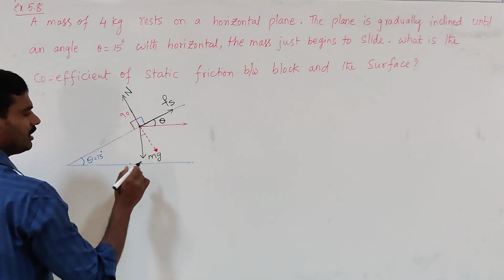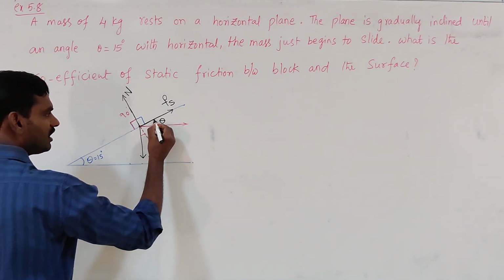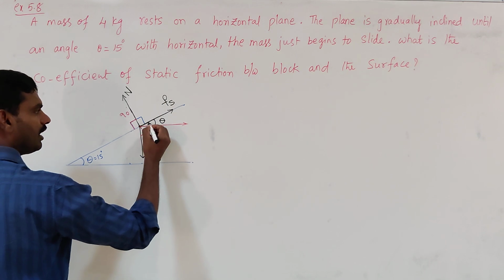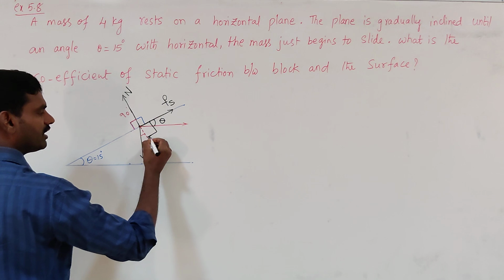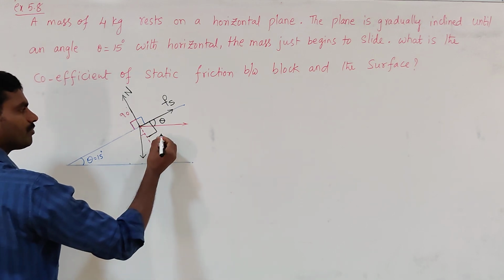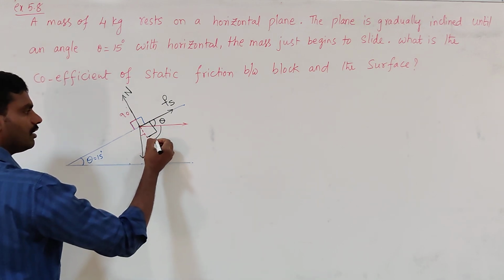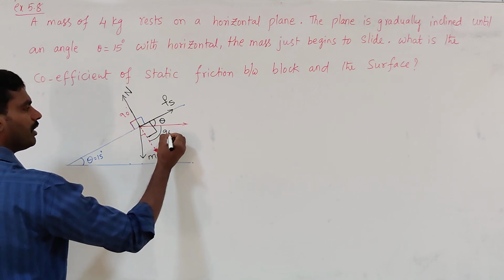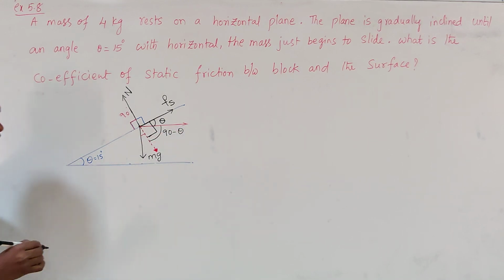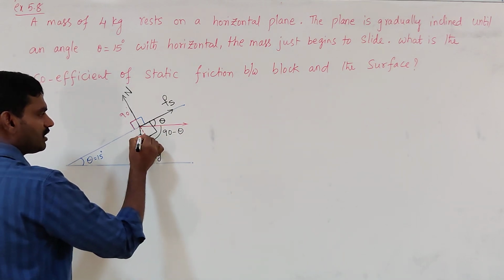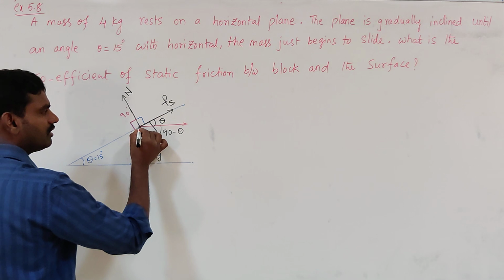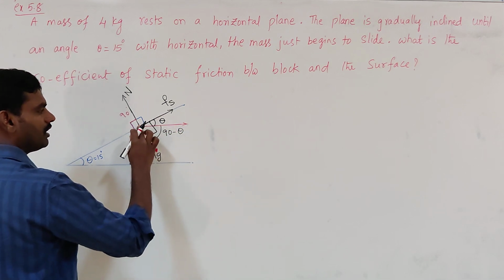See here, if this angle is theta, the angle between this and this total will be 90 degrees. So this angle might be 90 minus theta. If this is 90 minus theta, the angle between this downward and this one is nothing but 90.